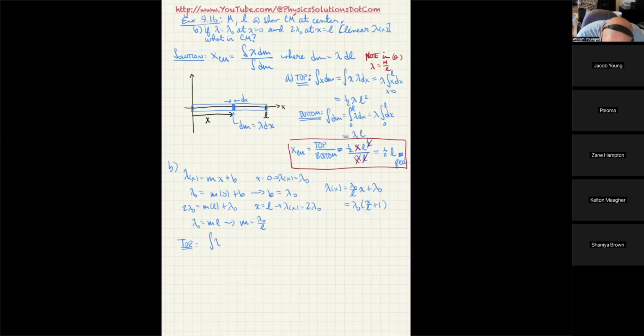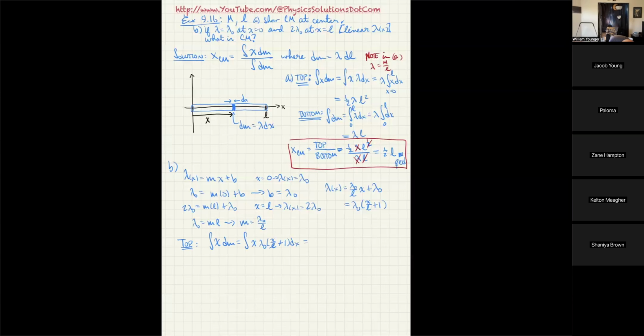The integral of x dm is equal to, using the same diagram that we had before, it's going to be x, but now the dm is again lambda dx, but the lambda is a function, so it's going to be lambda 0 times x over L plus 1 times dx.